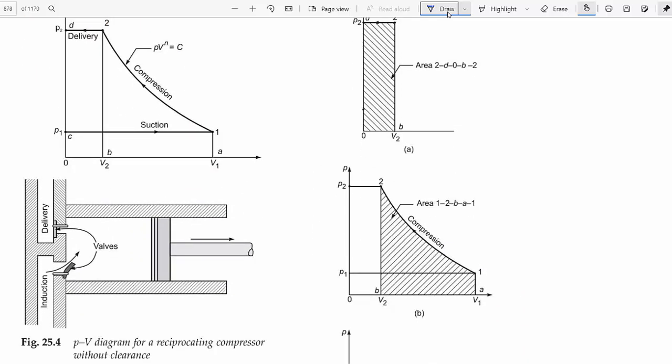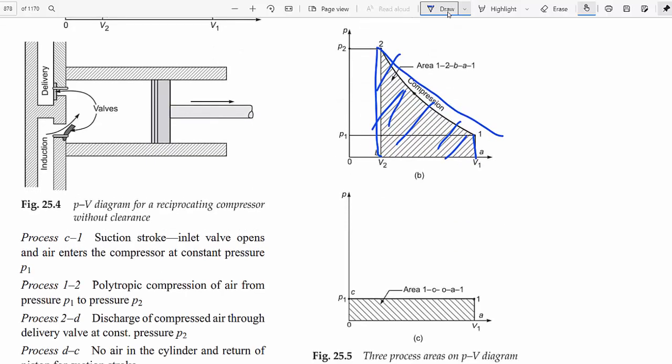This is the curve, and the area under the curve is called work input. How much amount of energy is needed to compress from 1 to 2. This is the area 1 to 2, the total energy needed for compression action.